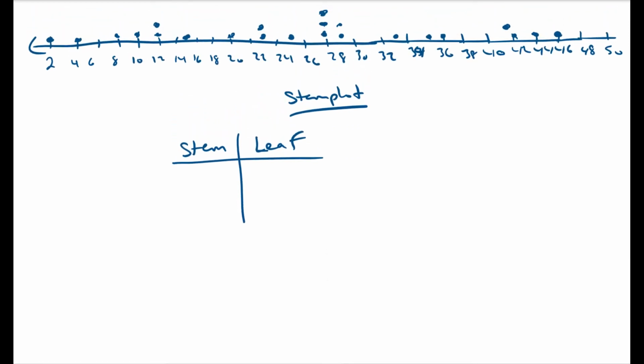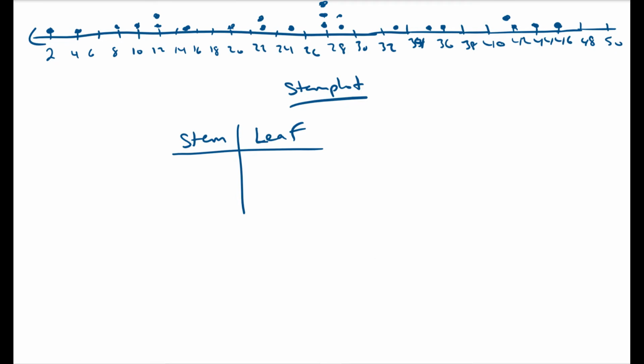We can use the dot plot here for our stem plot, because we have all the data up here. The leaf is the ones digit, and the stem is the rest of that number.